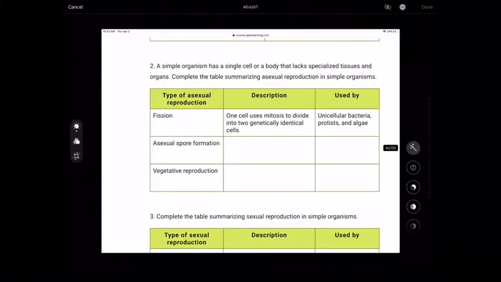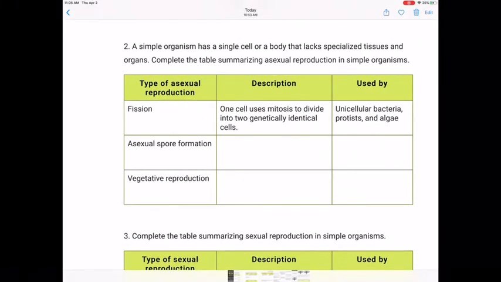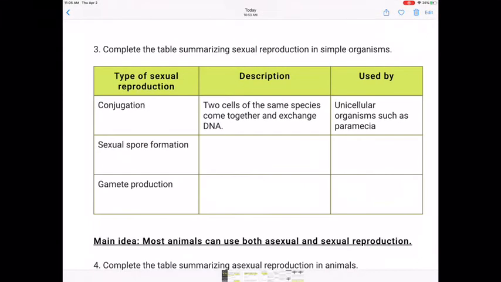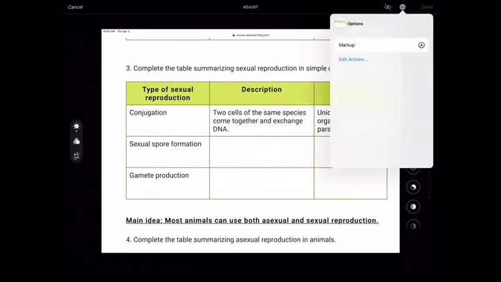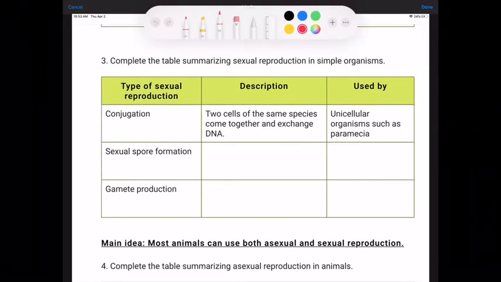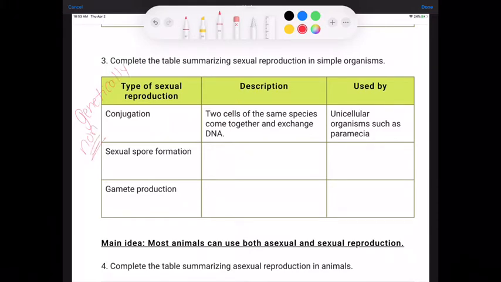And let's move on to the next question. So question 3 is talking about sexual reproduction. So now what you should remember for everything in sexual reproduction, all of these are genetically not identical. It talks about conjugation. 2 cells of the same species come together and exchange DNA.